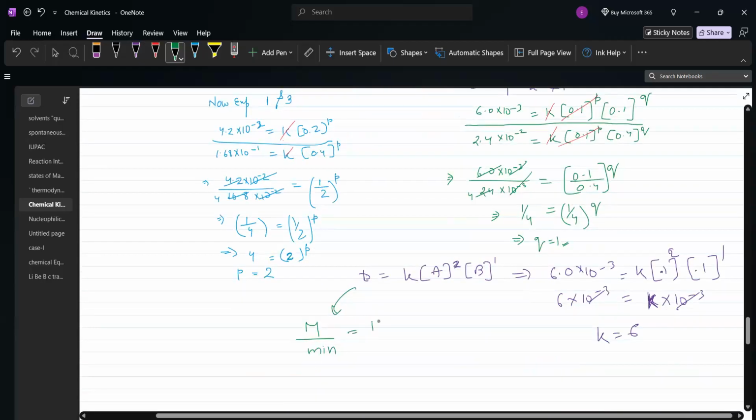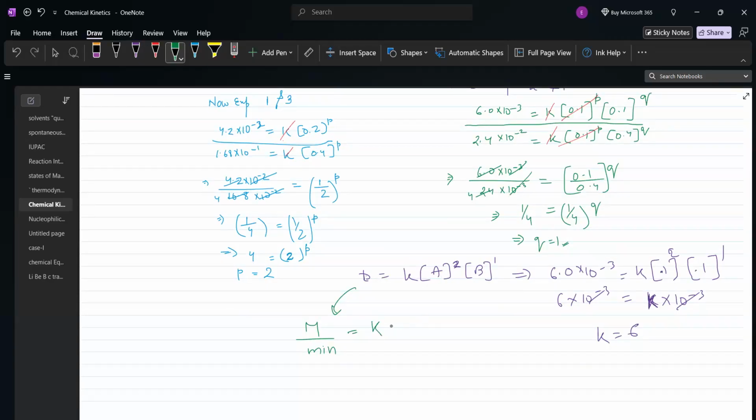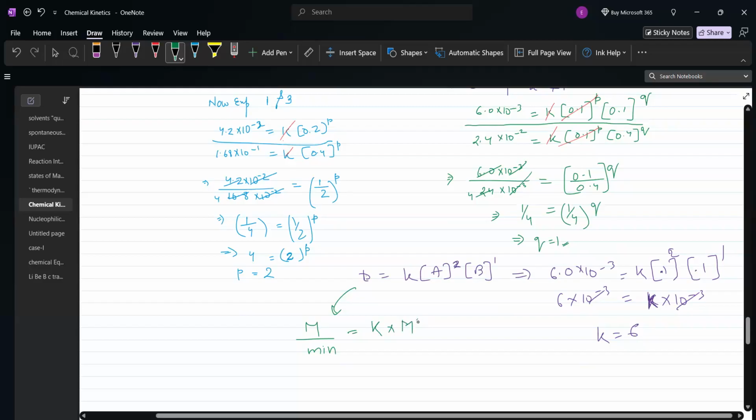We don't know the unit of K. The unit of concentration is molarity, right? And we will get one more M. So finally, the unit of K: this will cancel out, and we will get 1 upon molarity to the power of minus 2 and minute to the power of minus 1.